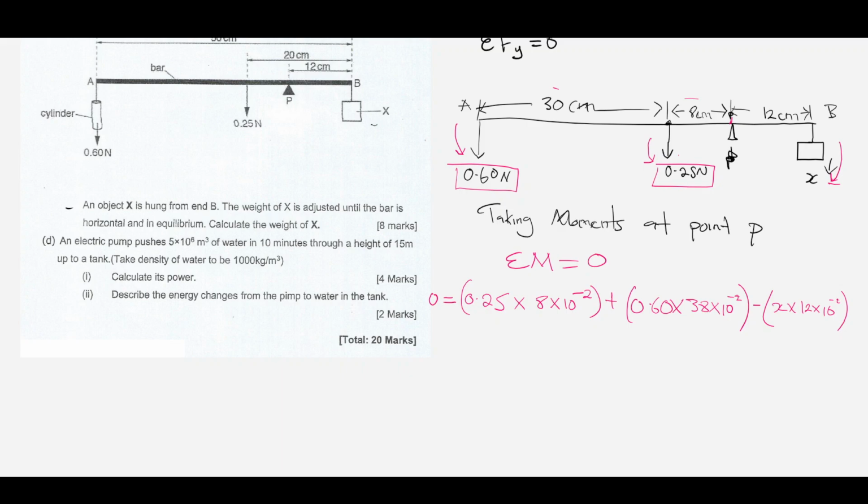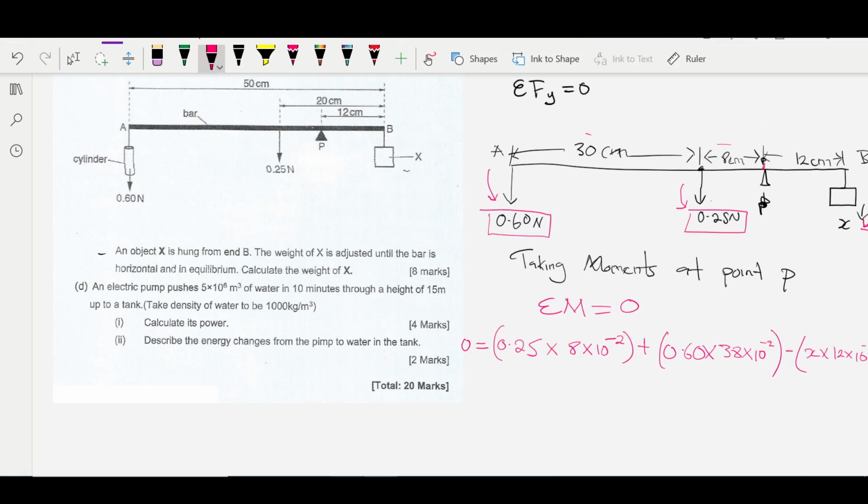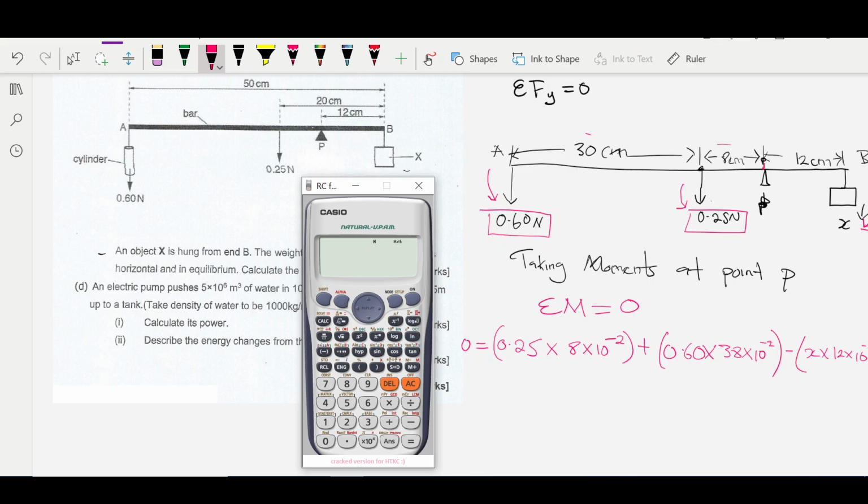So here let's punch on the calculator. We have 0.25 times 8 times 10 power negative 2. What do we have there?